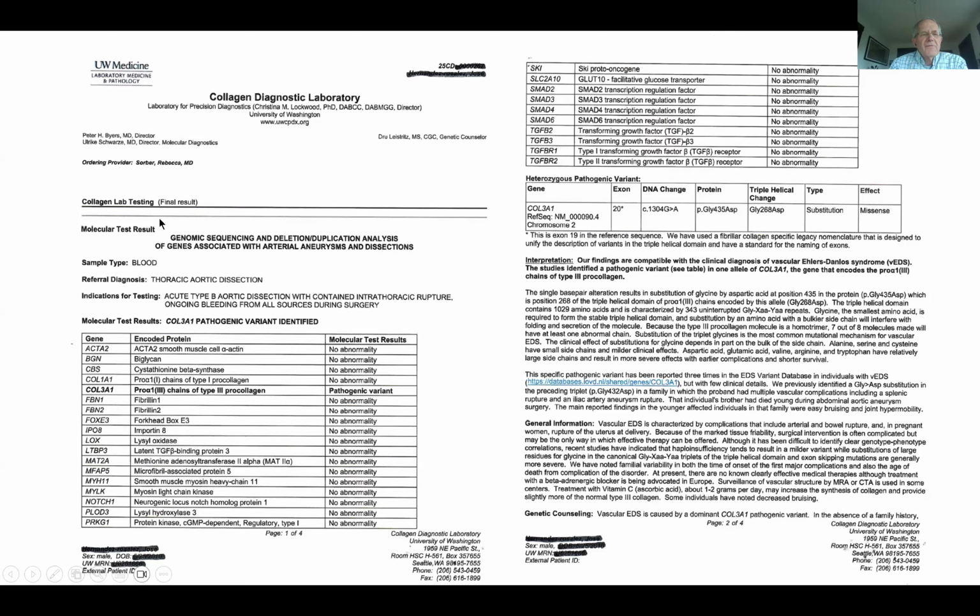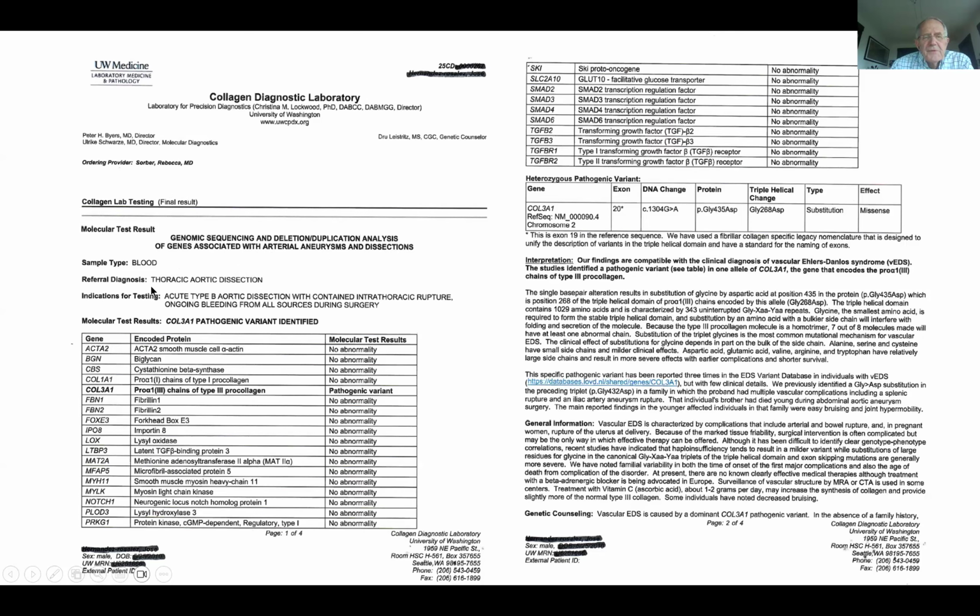It's the final result, which is indicated here, and the molecular test result. And it's the result of genomic sequencing and deletion duplication analysis of genes associated with arterial aneurysms and dissections. So the sample type that was provided was blood.